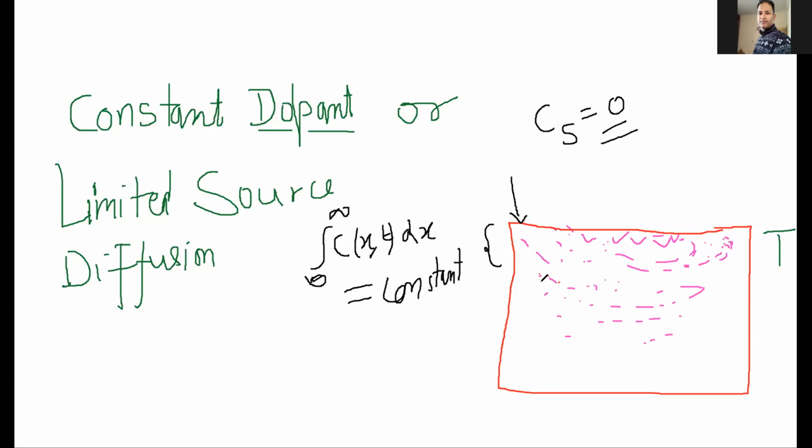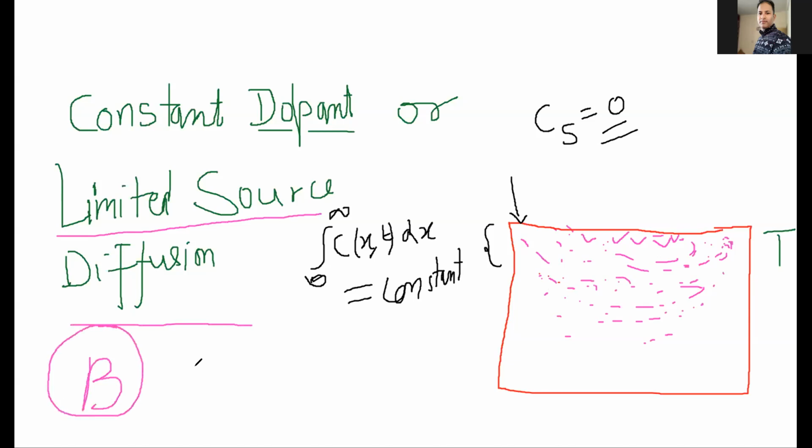This diffusion will keep on happening until the dopant concentration is equal everywhere. This type of diffusion is called limited source diffusion. If you recall from the previous lecture, we called such diffusion the drive-in diffusion, or drive-in step.